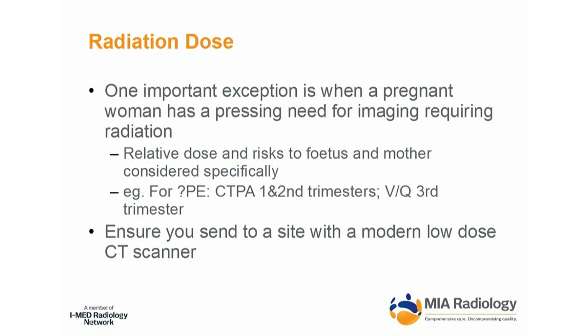An example might be, for instance, acute pulmonary embolus. If you had a very high pre-test probability that somebody has had a pulmonary embolus and they are pregnant, dose estimates and calculations might actually suggest that a CTPA is the best test to go for in first and second trimesters, whereas later on in the third trimester, the dose to the mother and fetus combined as a combined risk and assessment, it might be better to actually do a VQ scan.